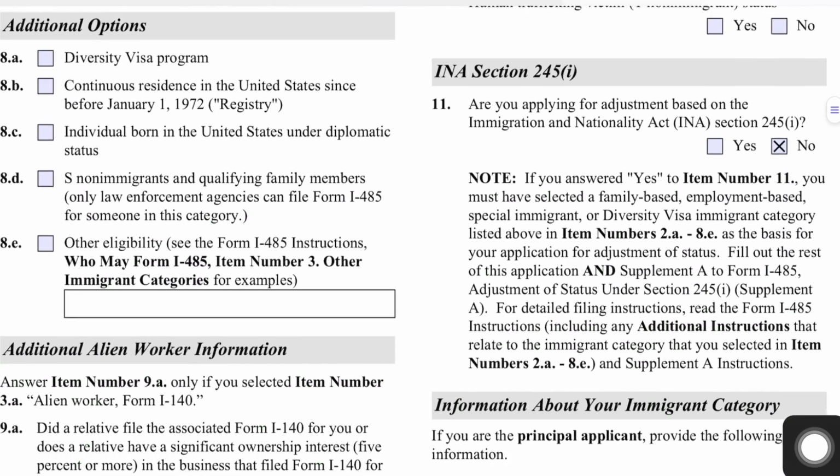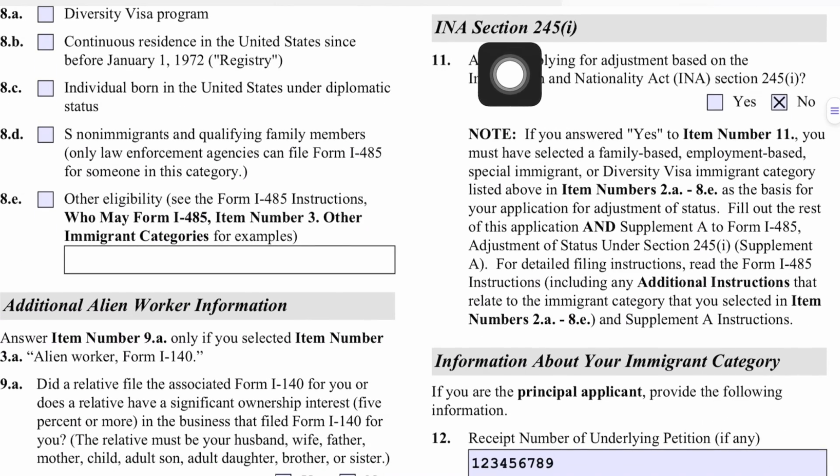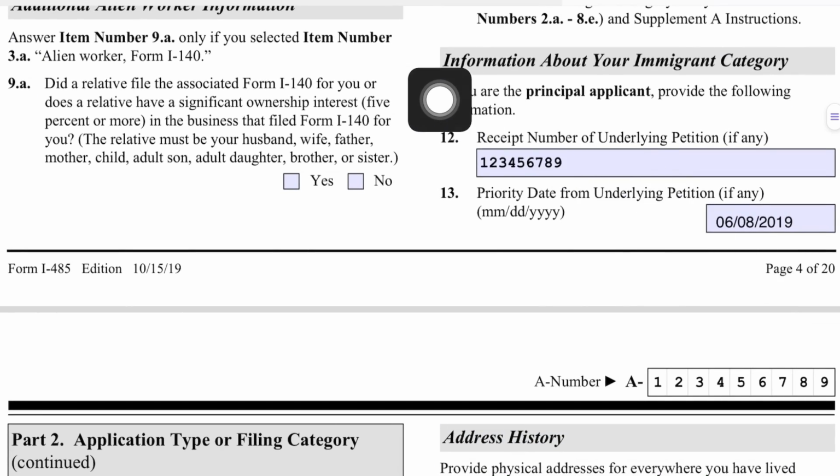Okay, the next one, INA section 245(i): are you applying for adjustment based on the Immigration and Nationality Act, INA section 245(i)? Put no. The next one is information about your immigrant category. If you are the principal immigrant, which we are, provide the following information.